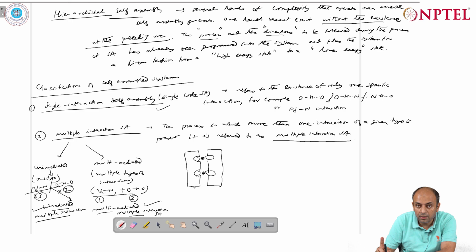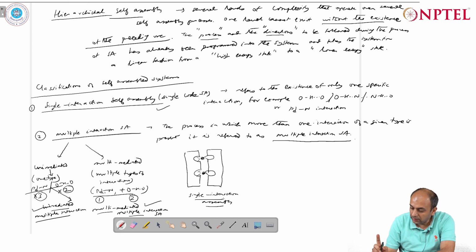So, you have got metal ligand interactions, and therefore, this is single interaction assembly. This is a single interaction assembly.